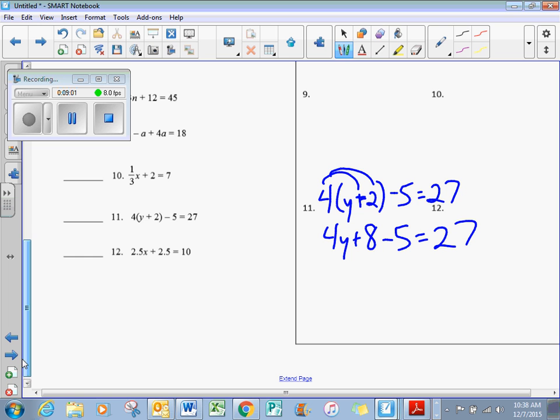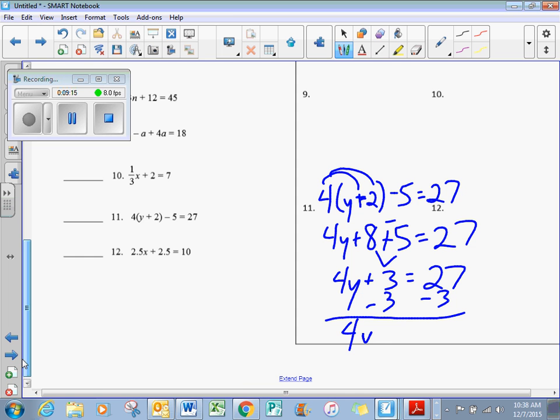What's 8 minus 5? Simplify, right? 8 minus 5 is 3. You can do plus and negative if you want. Now I just subtract 3 to get y alone. 4y equals 24, and then divide by 4, and y is 6.